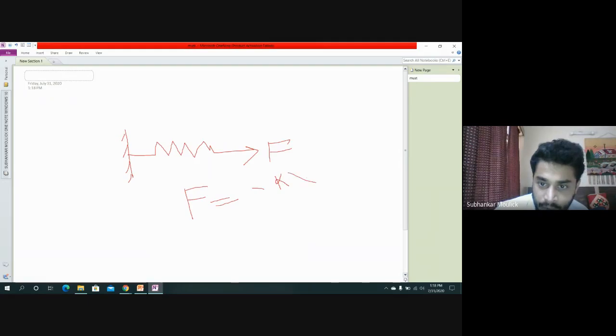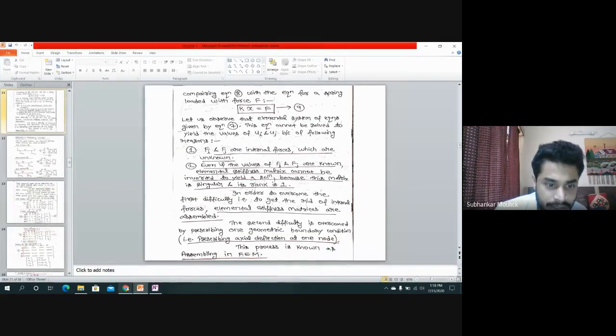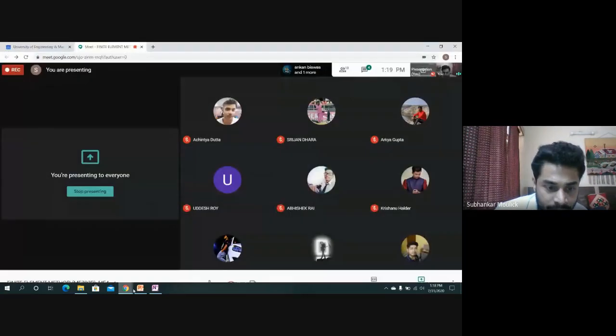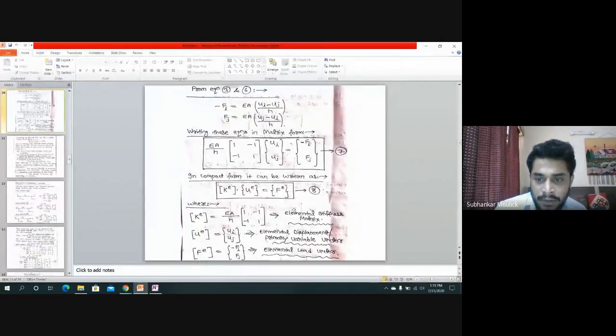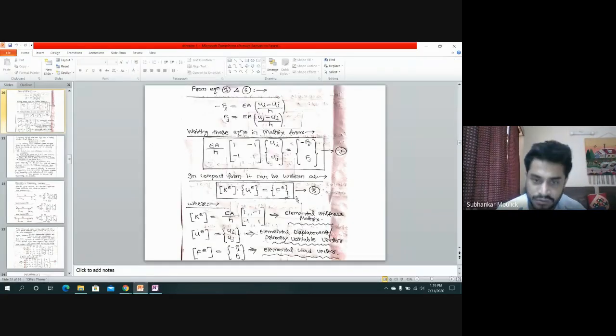Why am I taking minus? Because it is coming back to its original position. That means it is coming back in the negative direction. Fine. So if you relate this expression with equation number 8, can you say that both the equations are almost the same?